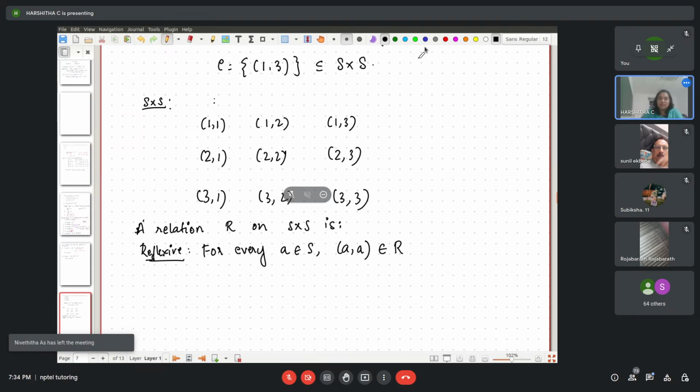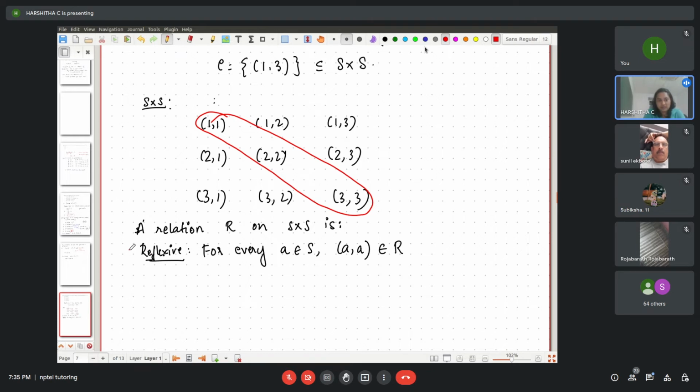If you want to look at it pictorially, if you write this S cross S as a matrix, it means that all these entries in the diagonal should belong to the relation. So this is your first condition. The second condition is symmetric. What does that mean?